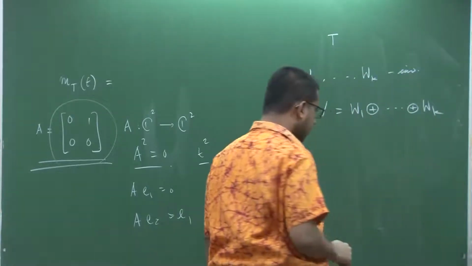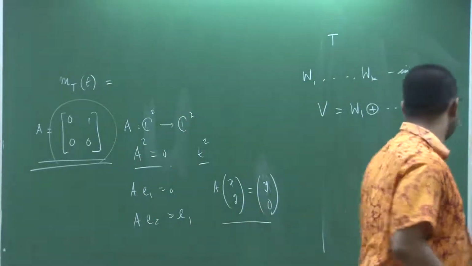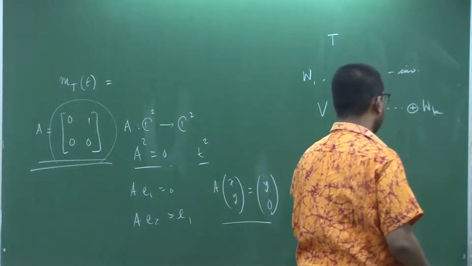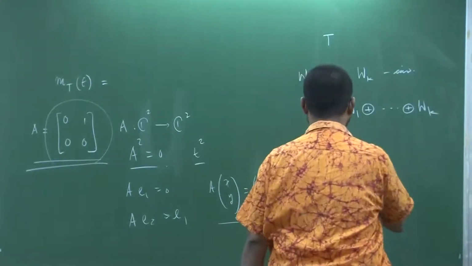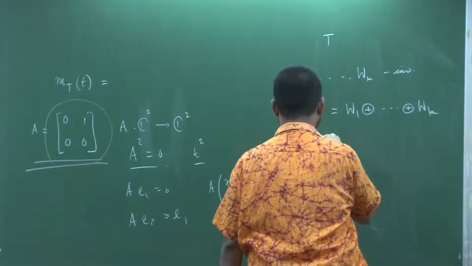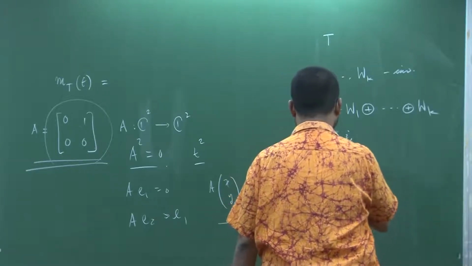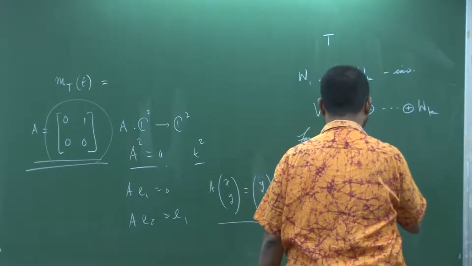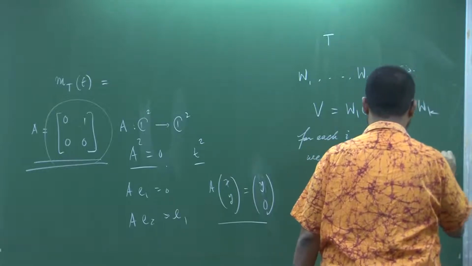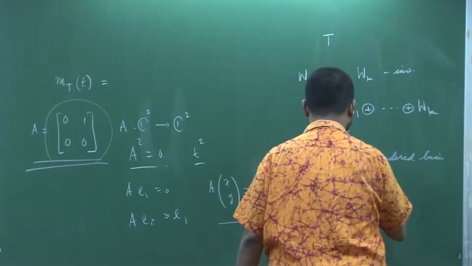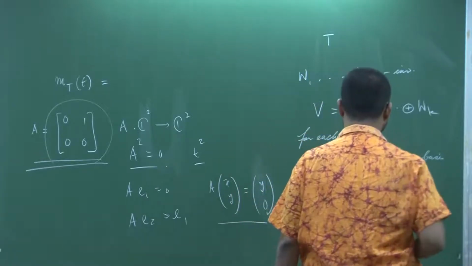Then what we do is, for each i we choose an ordered basis V_i1 up to V_iNi of Wi, where Ni is the dimension of Wi.